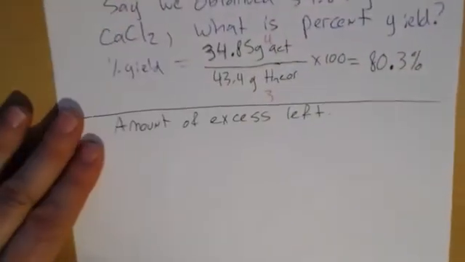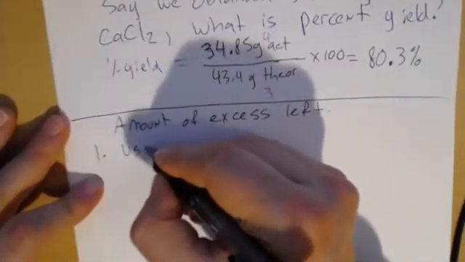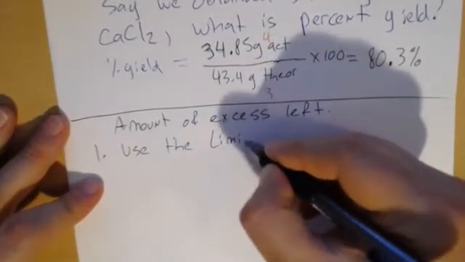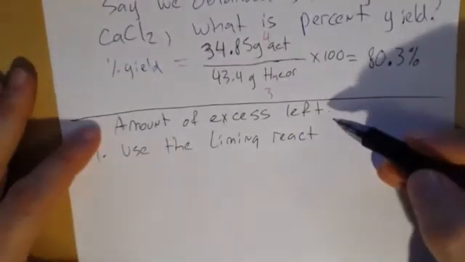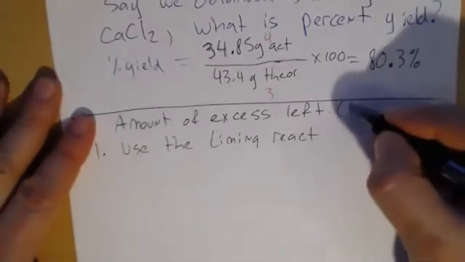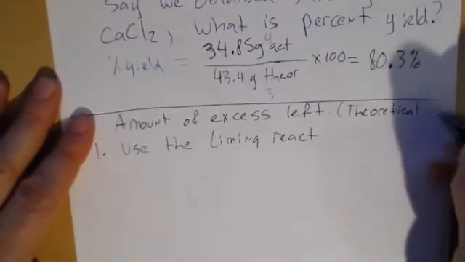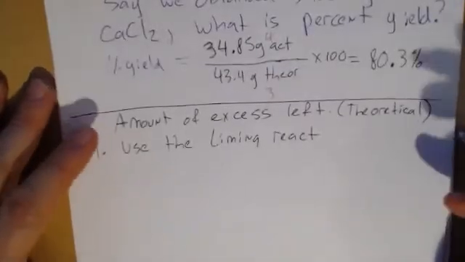This may happen on a homework. By the way, the amount of excess left is a theoretical value. We don't really know the amount of excess unless we actually measure it for actual. But usually as a calculation, it's always theoretical.